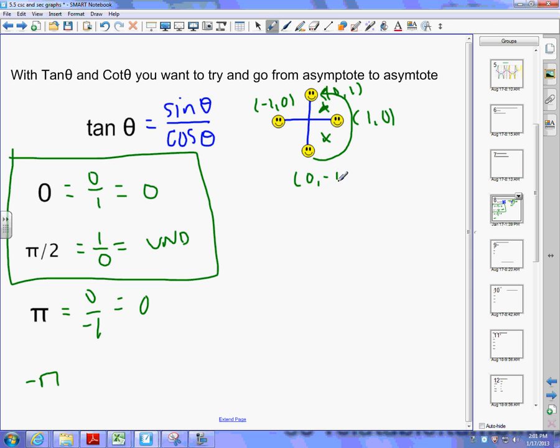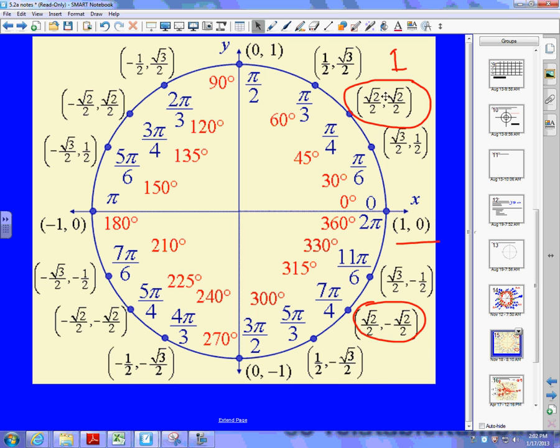So you put your points in here, sine over cosine, so -1 over a 0 is an undefined. So if we take this and we move it up here, we're going from asymptote down here to asymptote up here. We get a 0 in the middle, and then we're going to use those 45s, because from our unit circle again, we know the tangent of 45 is 1.